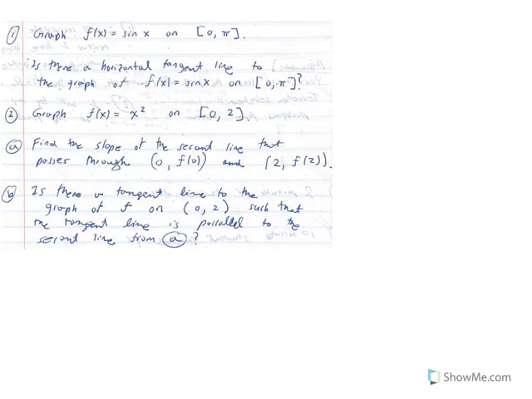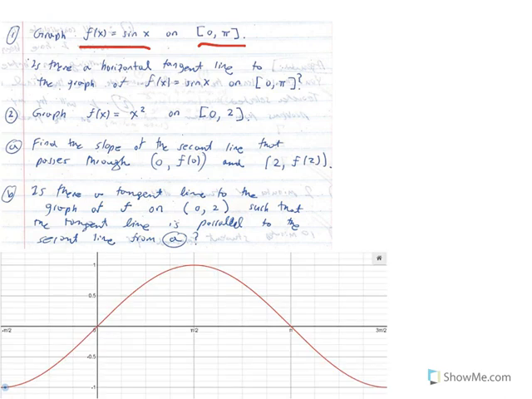So let's start with these problems here. Graph f of x is equal to sine x on the closed interval from 0 to pi. So here's the graph of f of x is equal to sine x, and we have the interval from 0 to pi here.